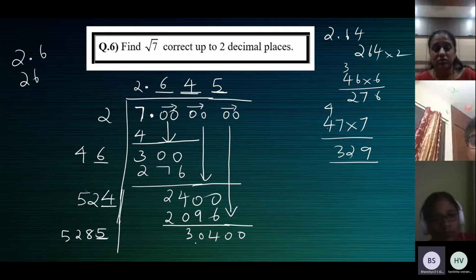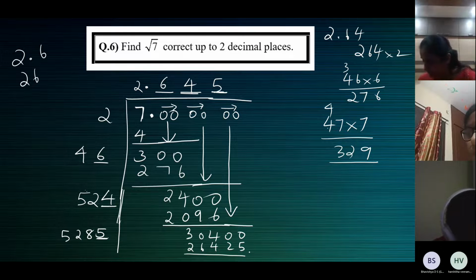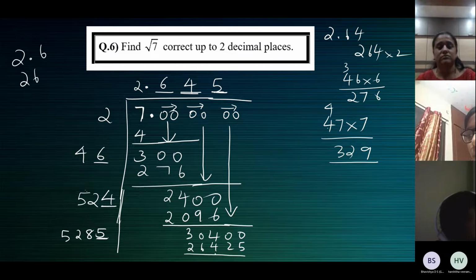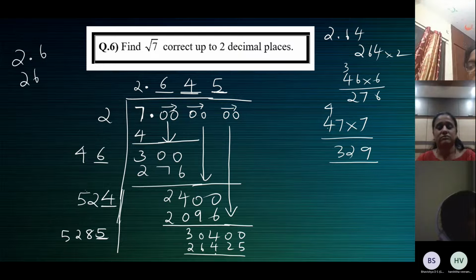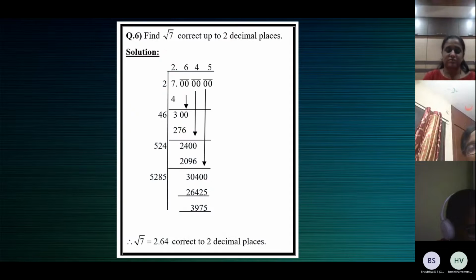Ma'am, 26,425 we are getting, ma'am. Okay, and the remainder? 3,975. Let's see if we are right. Yes, perfect.